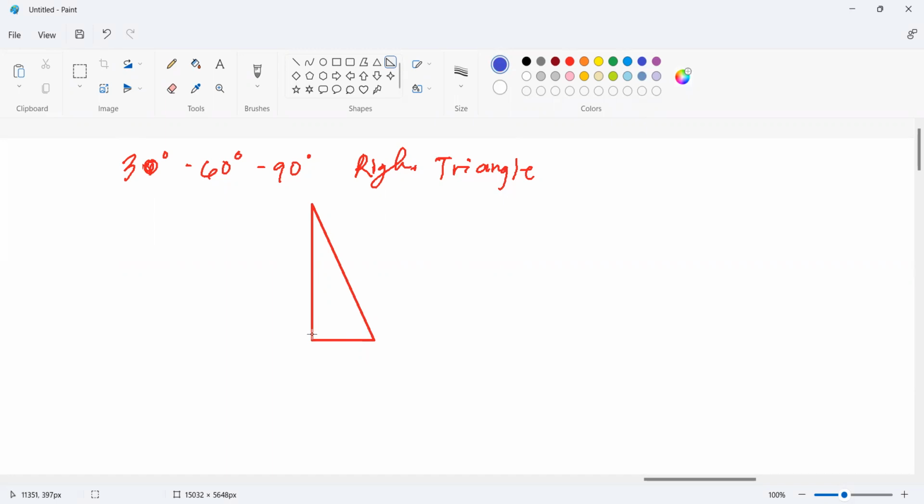So let's name these angles. This is 90, and this is 60 degrees. Okay, and this is triangle ABC. Let ABC be a right triangle with angle B 60 degrees.